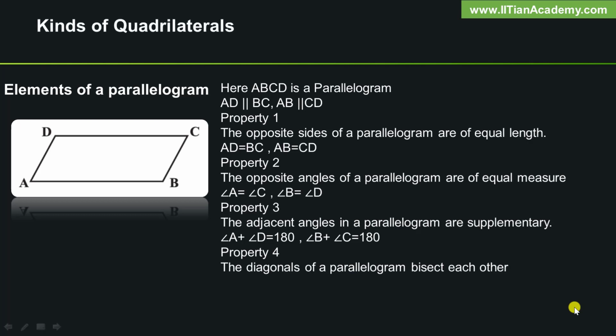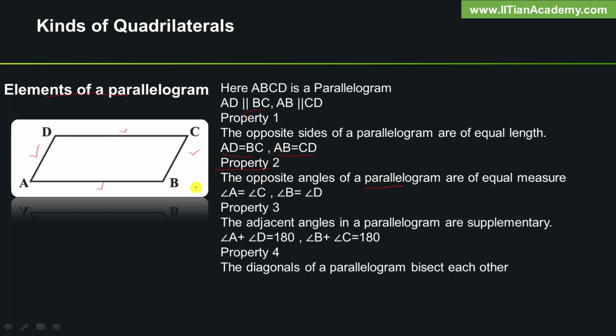Here, we can see various elements and properties of a parallelogram. The opposite sides of a parallelogram are of equal length. Hence, AD equals BC and AB equals CD. The opposite angles of a parallelogram are of equal measure.